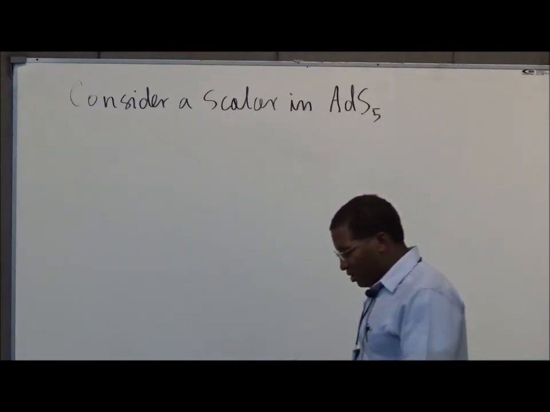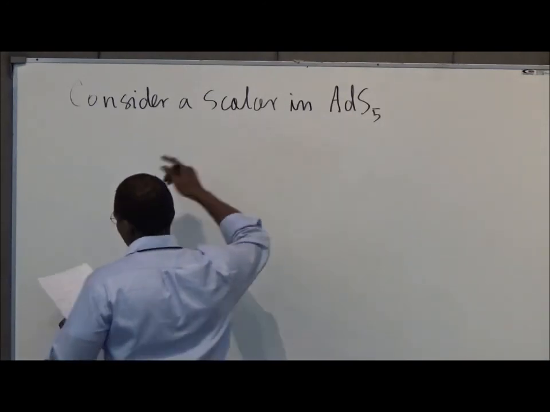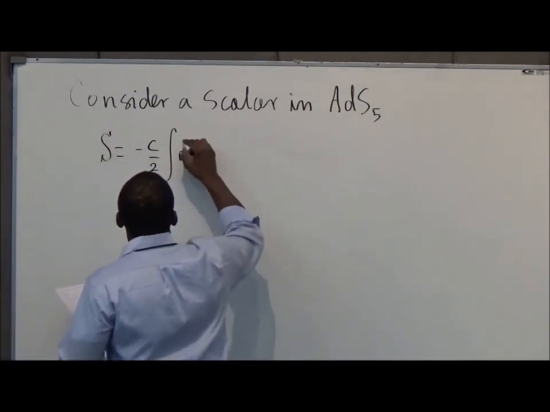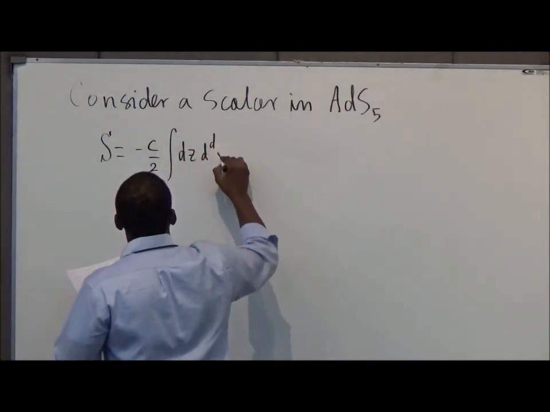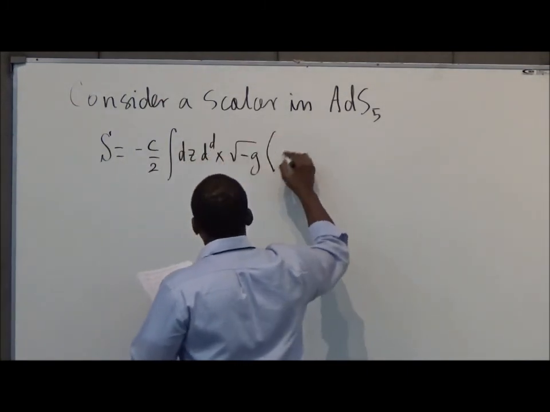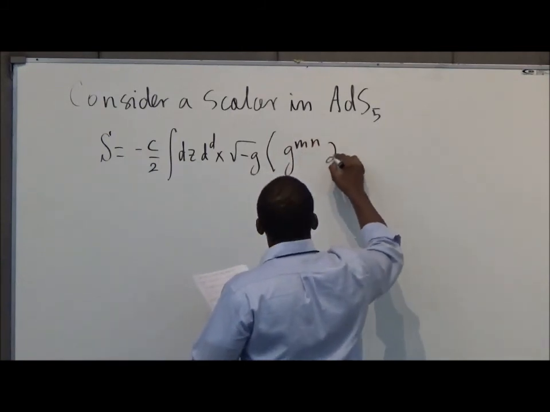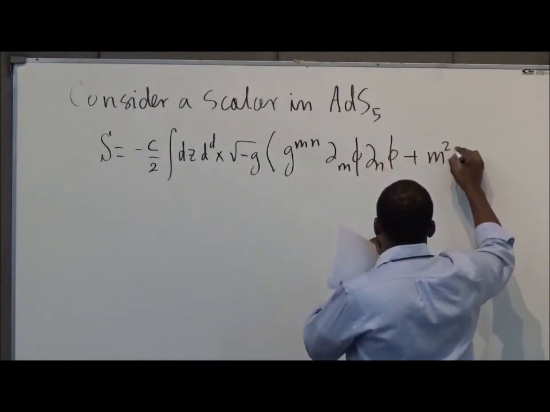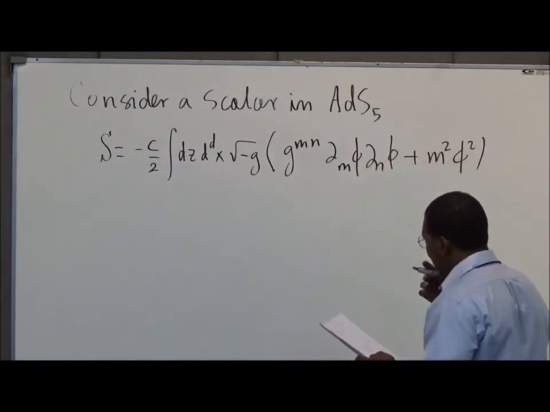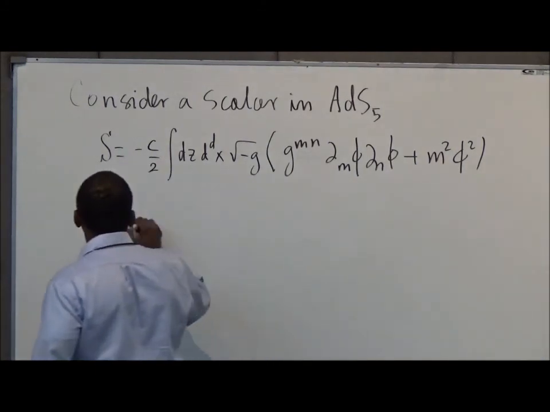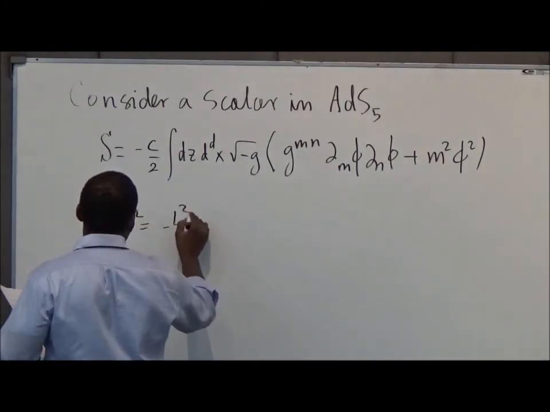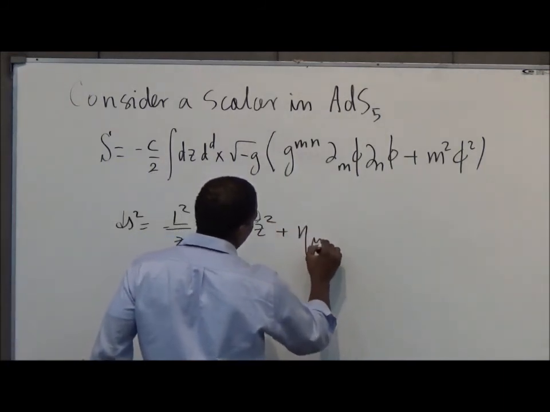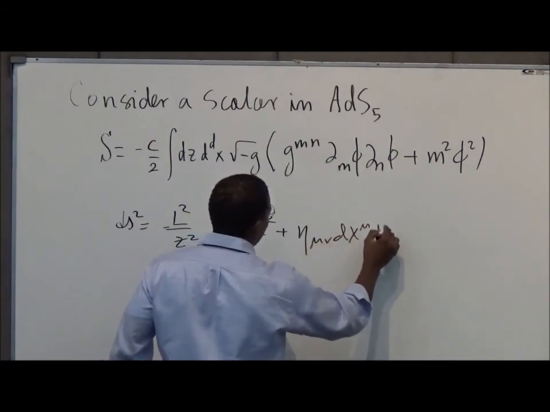Okay? So let's consider some scalar field. So this is some constant, and the metric that I want to consider in AdS is L squared over z squared, dz squared plus dx mu dx mu.